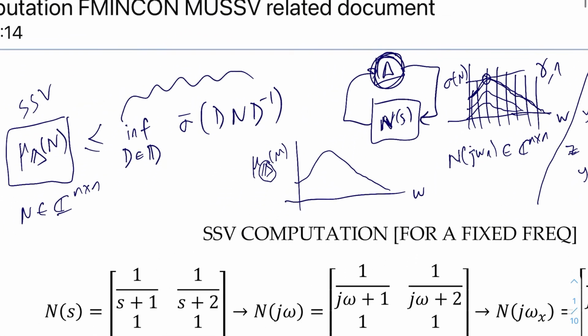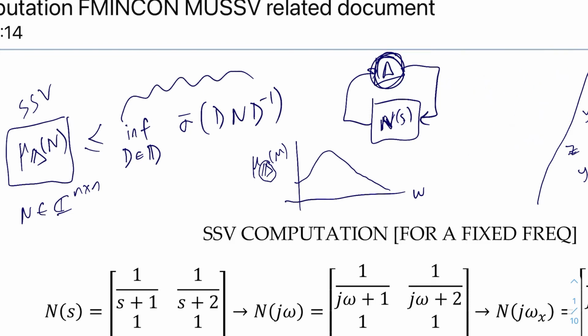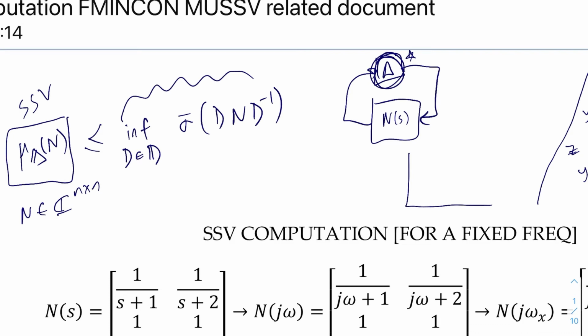For a given M of s, and also given uncertainty structure block, and like the sigma plot, where we have something like this.